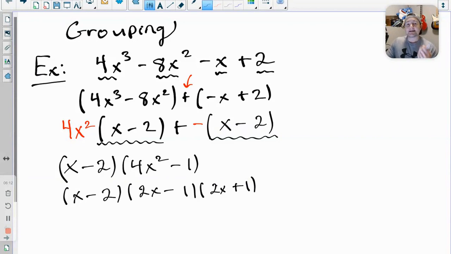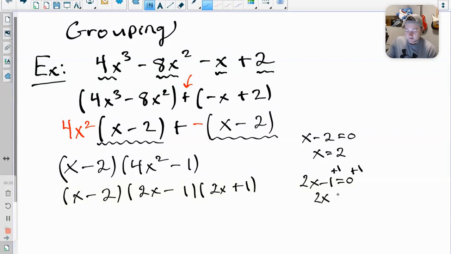If you're asked to take it another step further, then all you need to do is take each individual bracket and solve it equal to 0. So if you're asked to find the x-intercepts, take each individual bracket, set it equal to 0, and solve. So this one becomes x equals 2, and then we have 2x minus 1 equals 0. So we can add 1 to both sides, get 2x equals 1.